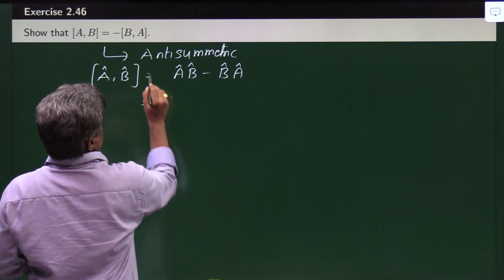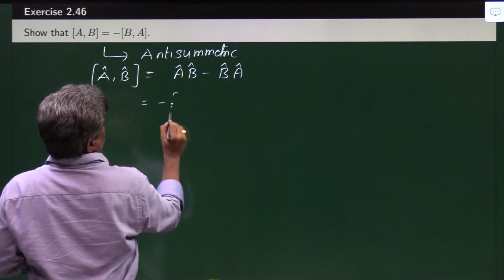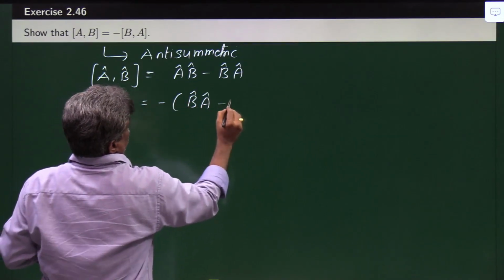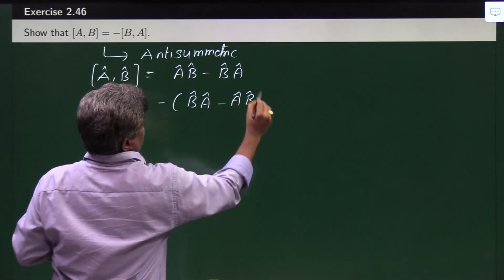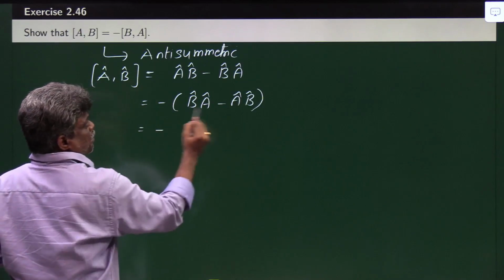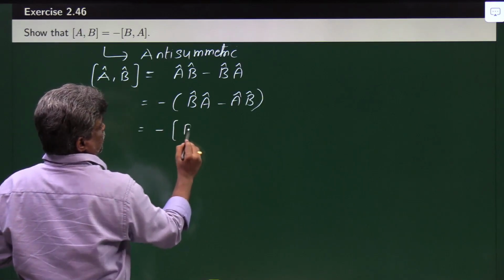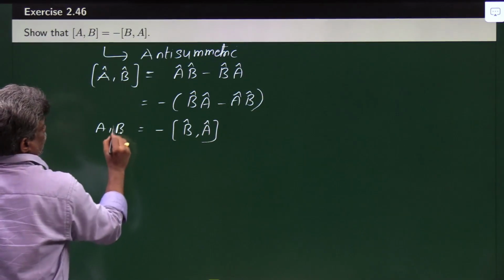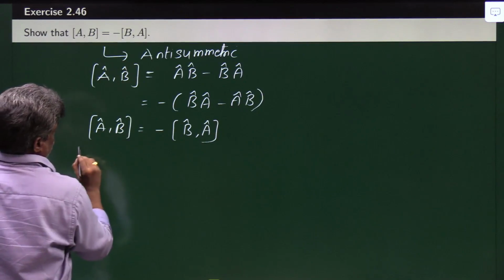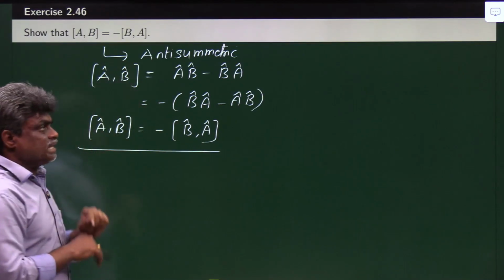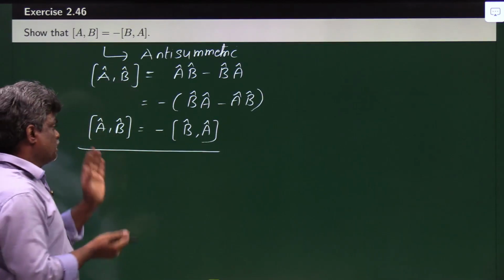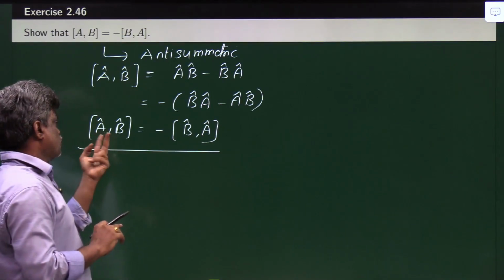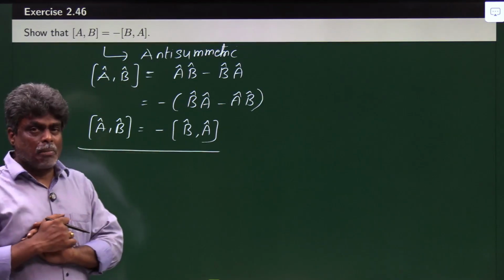Now let us take the minus common, then it is BA minus AB. So we can write this in commutator form, that is the commutator [B, A]. So every commutator satisfies the antisymmetric property, that is [A, B] equals minus [B, A]. If you interchange the positions of these two operators, you always get a minus sign.